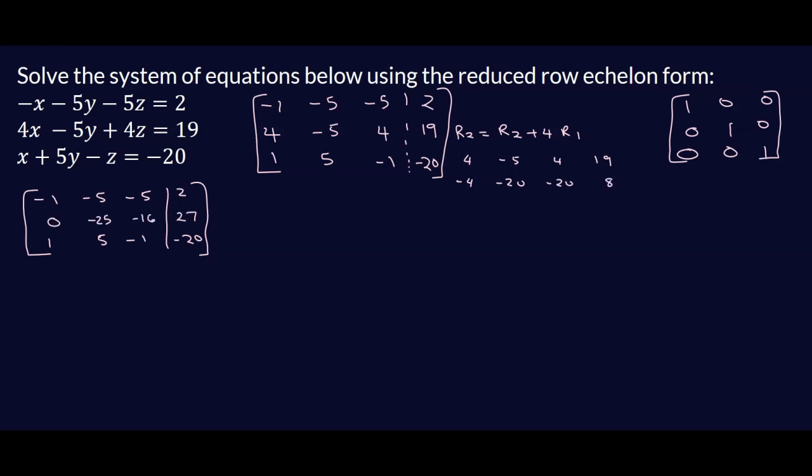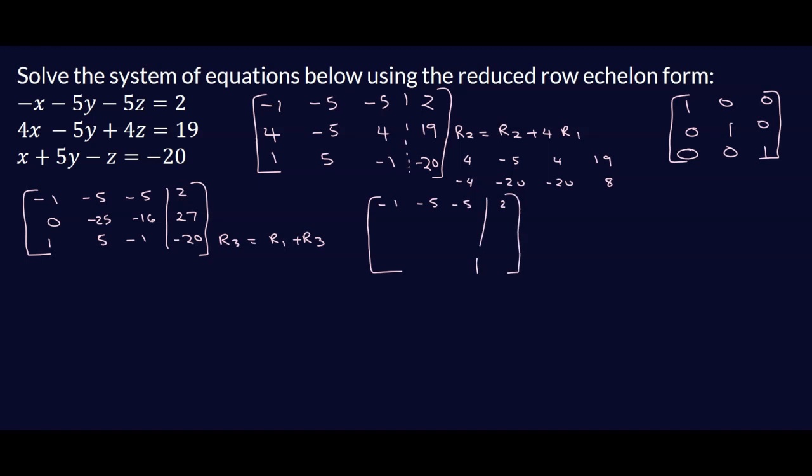So the next thing we're going to do is to make this right here a 0. So we're going to go row 3 is equal to row 1 plus row 3. So we're going to go ahead and draw our rows 1 and 2, since row 3 is what we're adjusting. So we have -1, -5, -5, and then vertical line, we have 2.